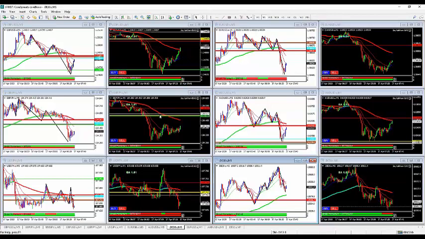Personally, I like to have as little things on my charts as possible. Because if I've got few things on my charts, I can see things very clearly.